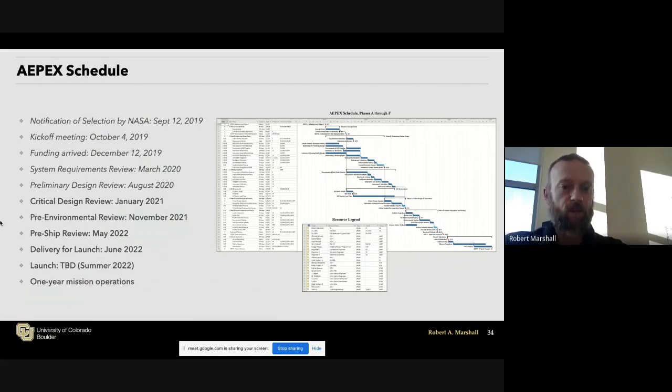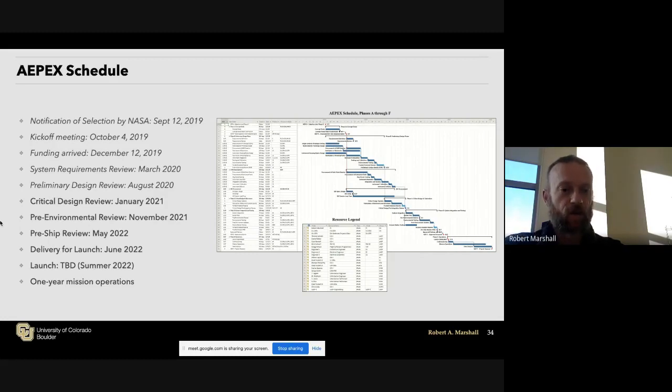Just in the past year, of course, we've had kickoff, system requirements review, PDR, and we're now charging towards critical design review. As I said, that's the stage where we've got the design down to the nuts and bolts, as well as a detailed thermal design, and hopefully a functioning instrument.